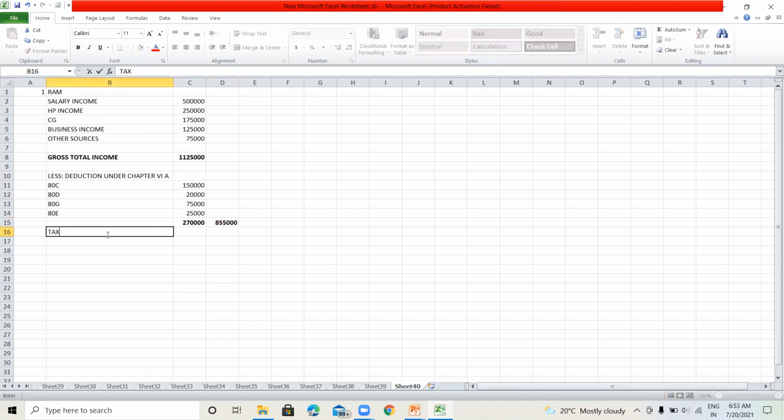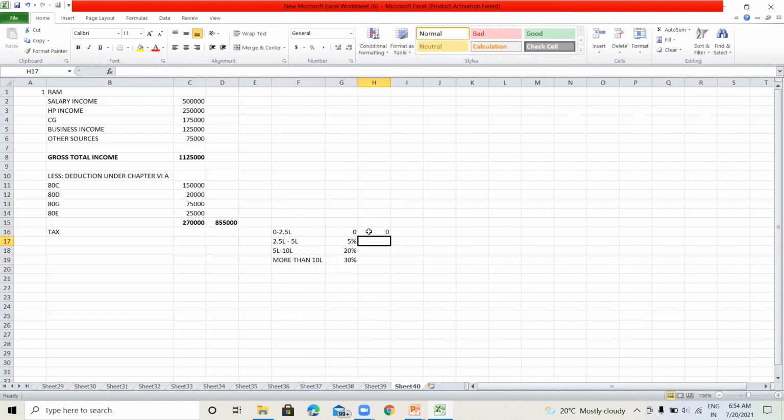We will calculate tax for the example. 0 to 2.5 lakh, it is nil. 2.5 lakh to 5 lakh, it is 5%. 5 lakh to 10 lakh, it is 20%. And more than 10 lakh, it is 30%.